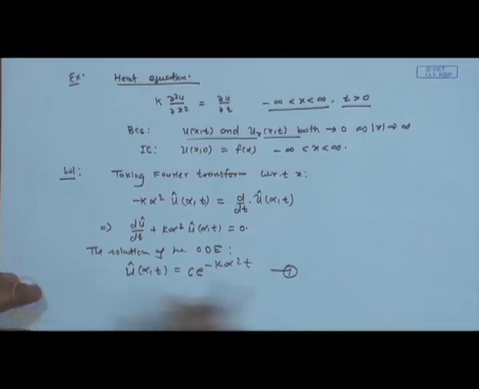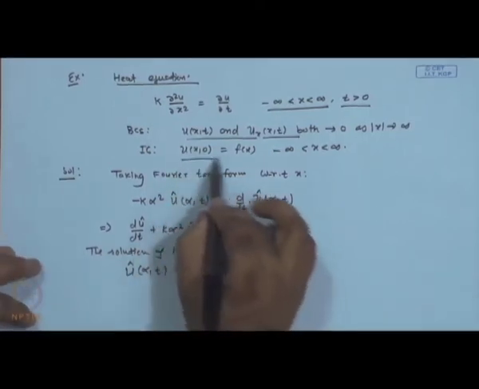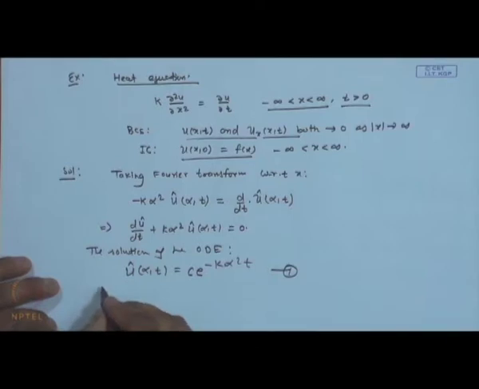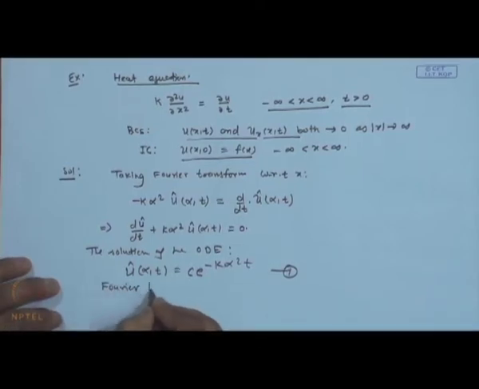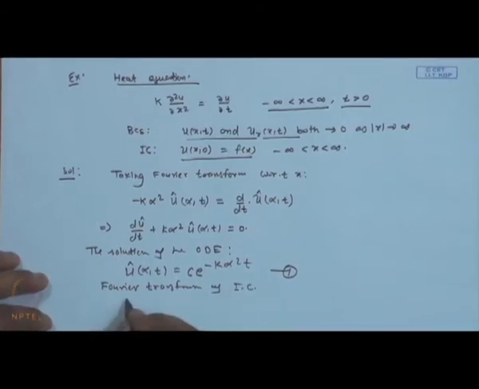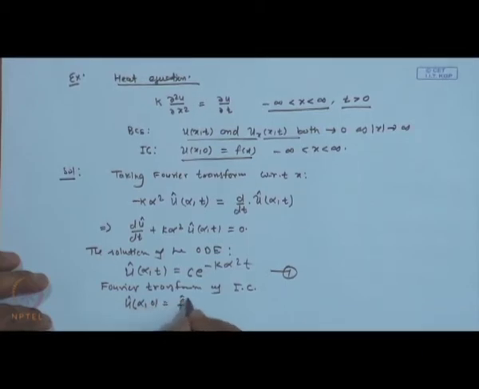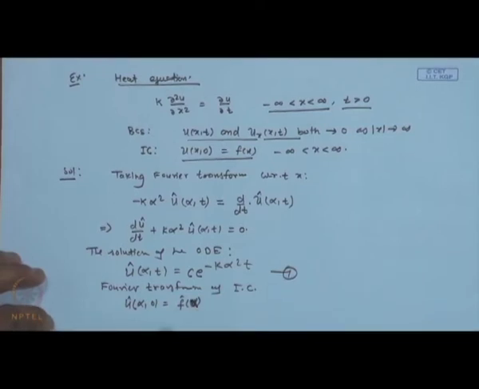We now know the Fourier transform of the initial condition given, u(x,0) is f(x). So, taking the Fourier transform of the initial condition, we get u hat of alpha, 0 equal to the Fourier transform of f(x), so f hat alpha.